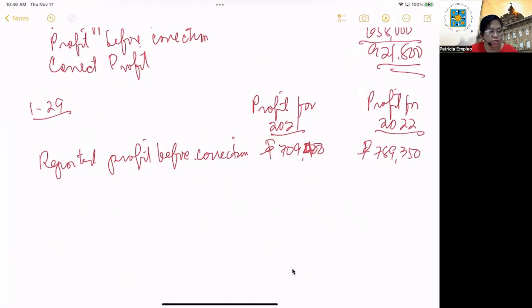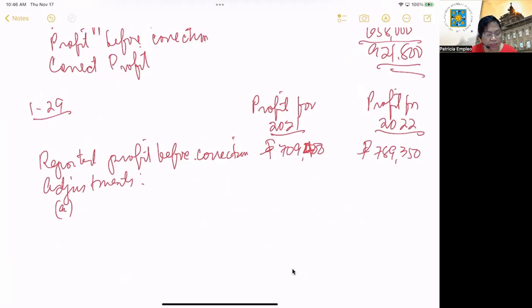The entity uses periodic system and takes a physical count of its inventory every December 31. Upon review of its records, the following data were discovered. Letter A, adjustments. Letter A, an item of inventory comprising 2,200 units were included in the 2021 ending inventory figure.